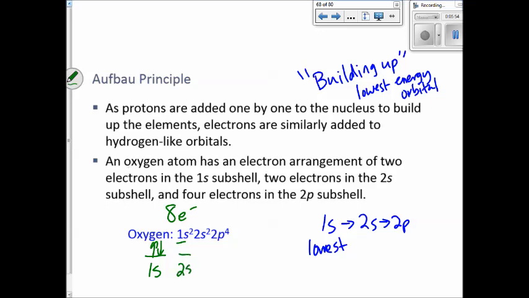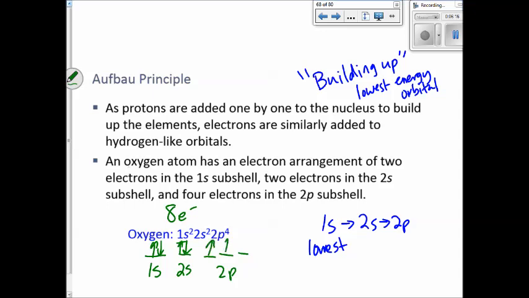The 2s then would have to be completely filled before moving on. So we would put 2 in here, and then in our 2p, which we'll get to Hund's rule in a minute, we would also fill the last 4 in the 2p. We wouldn't put any in the 3s or the 3p or anything like that, sticking to filling this lower energy level before moving on.